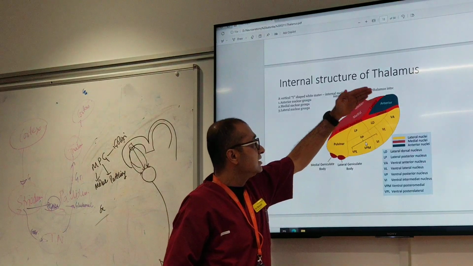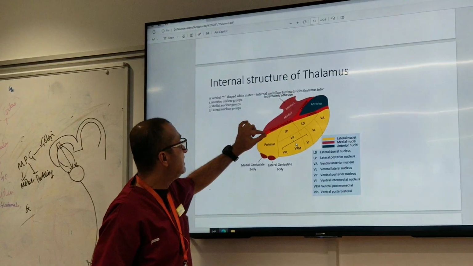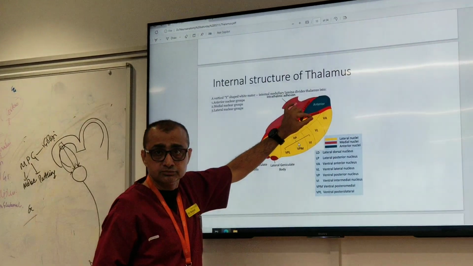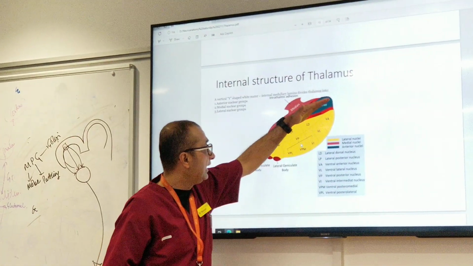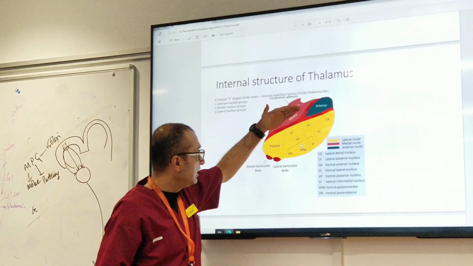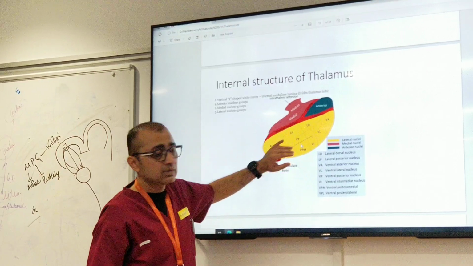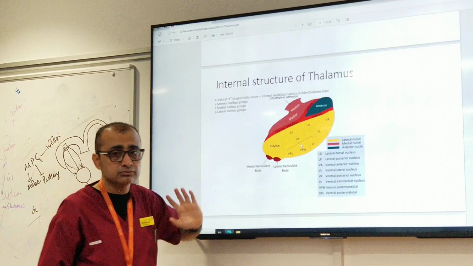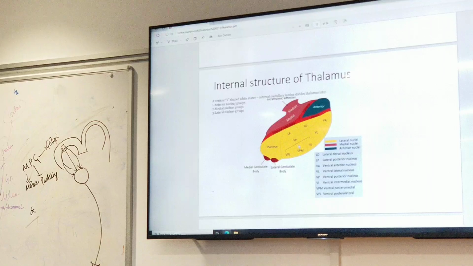So this thalamus is divided by this intermedullary lamina, which is dividing it into three main parts: anterior, medial, and dorsal and ventral. And also there is a posterior part. So that's the basic architecture of the thalamus.